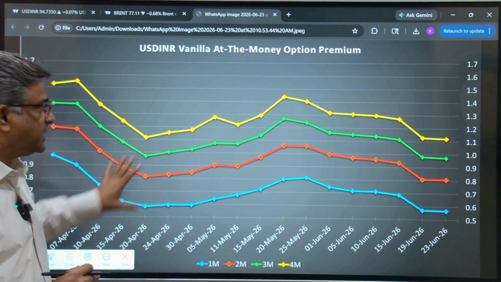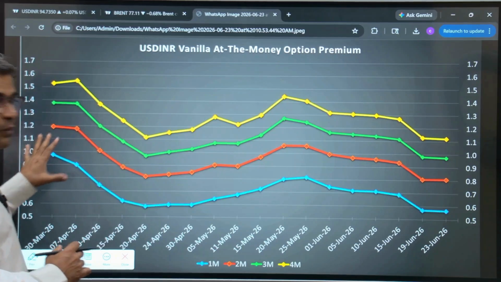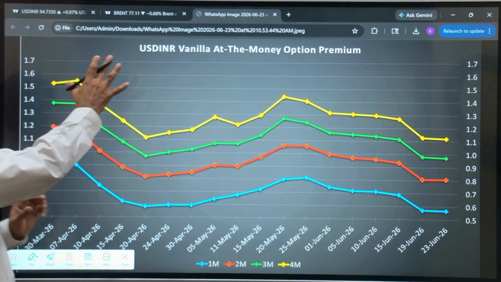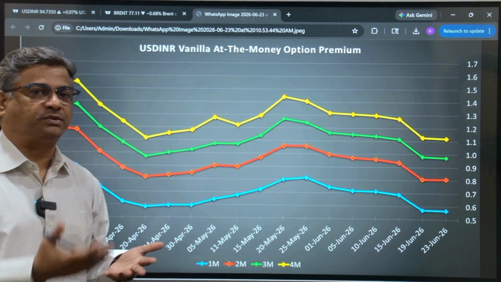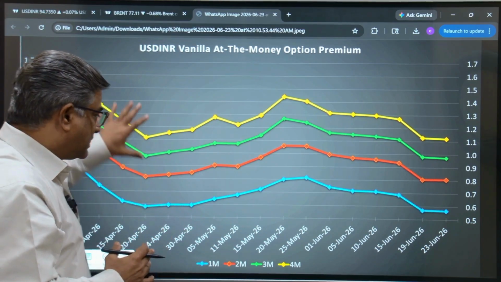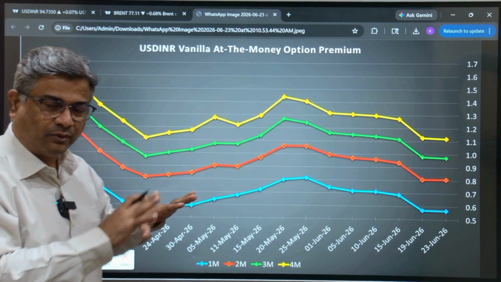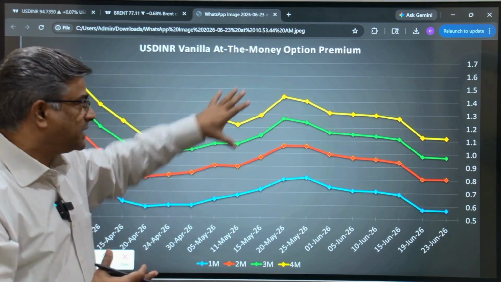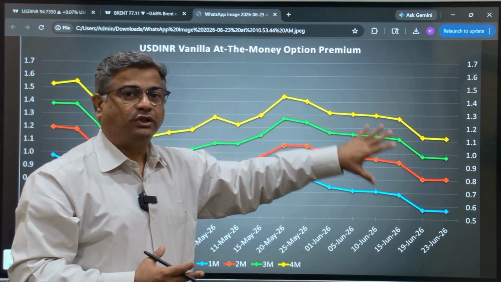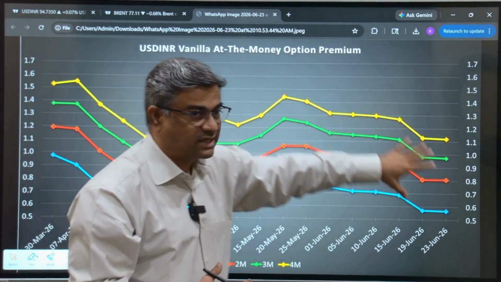Now if you have seen the option premium, when the war started, the premium had surged higher, because obviously a lot of uncertainty, the option premiums will go higher. But then it came lower when war subsided, again went higher when it escalated, but now see how the option premiums have come down significantly.